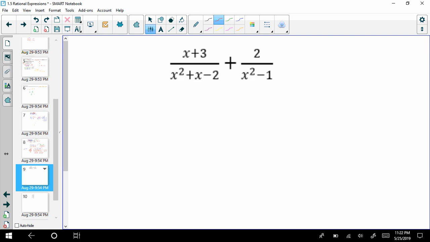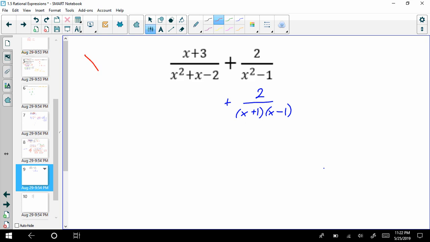All right, let's try one more of these. I'm going to need to do a common denominator. Now, to make a little less work for yourself, before you start doing a common denominator, let's factor the denominators. So this right one, that's the difference of squares. They're both perfect squares. So x and x, 1 and 1, plus and minus.